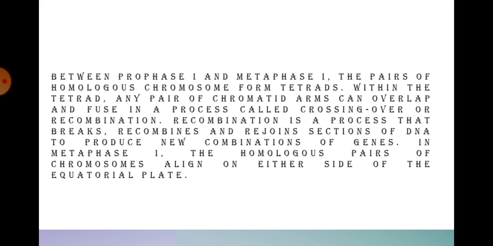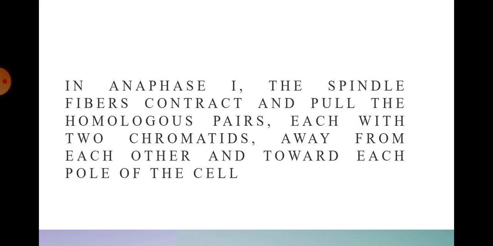In Metaphase I, the homologous pairs of chromosomes align on either side of the equatorial plate. The last is Anaphase I, where the spindle fibers contract and pull the homologous pairs, each with two chromatids, away from each other and toward each pole of the cell.